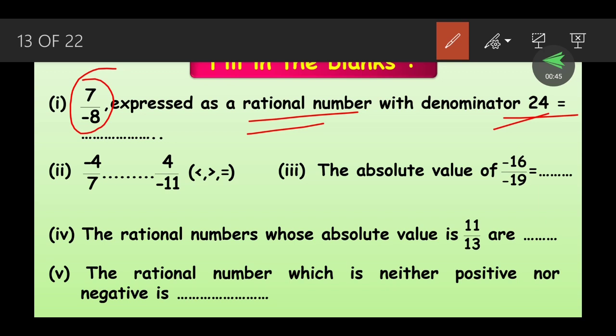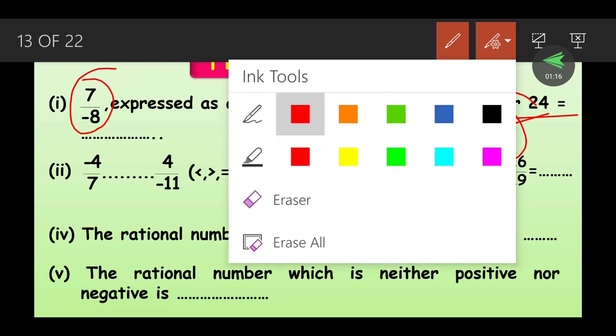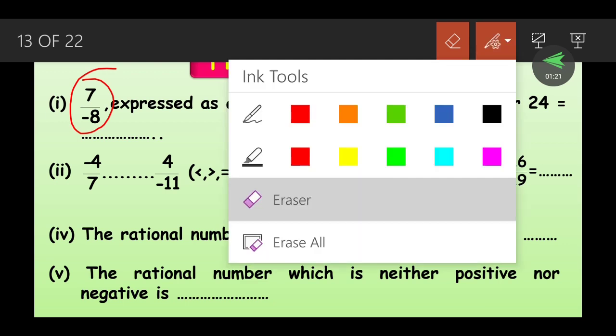Minus will go upside. It will become minus 7 by 8. Now we need denominator 24. How to get 24? 8 to be multiplied by 3. With the same number we have to multiply the numerator. Already minus is there. 7 3s are 21. So what is the answer? Minus 21 by 24. That is the answer.